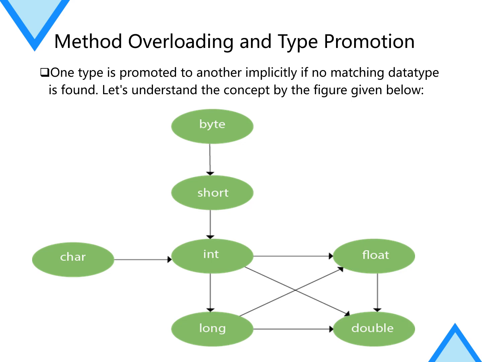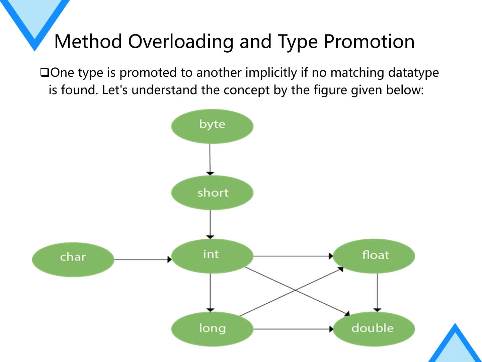So in short, character, short, byte will be automatically promoted to int, and int can be automatically promoted to float or double or long. A long can be promoted to float, and long can be promoted to double also.